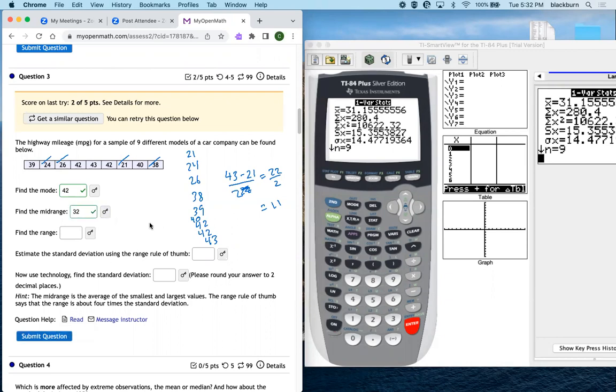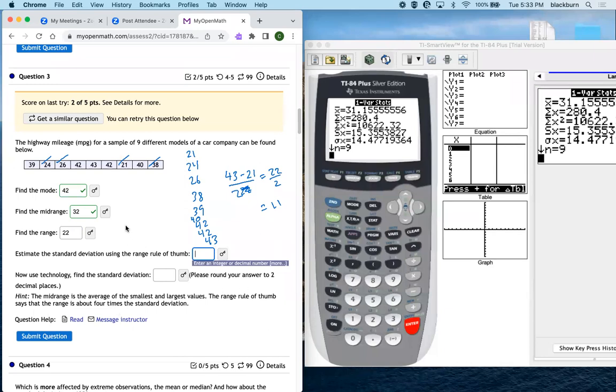Okay, then let's see, find the range. The range is the high number minus the low number. So that's going to be 22, high minus low, 43 minus 21 is 22. Standard deviation using the range rule of thumb. The range rule of thumb says that the range is about 4 times the standard deviation.